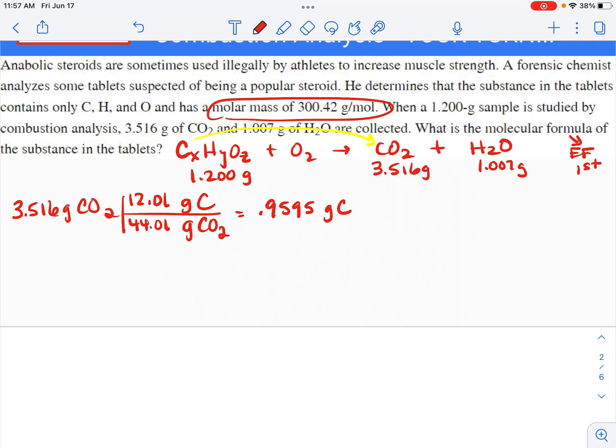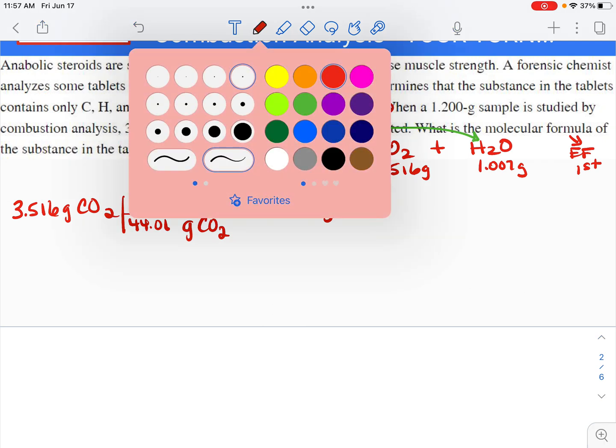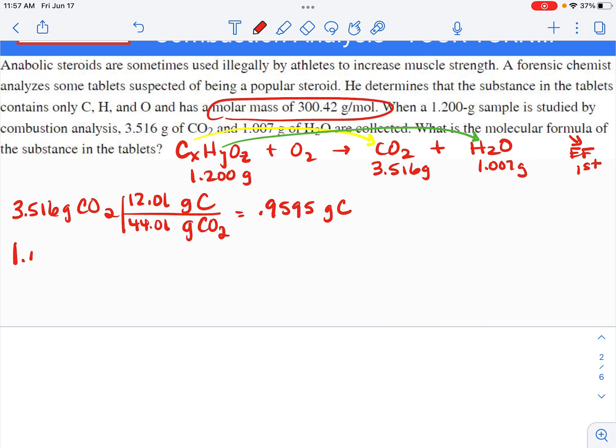From the water that was produced, remember that all of the hydrogen in the compound ended up in the water. So from the water that was produced, we have 1.007 grams of water. And we're looking for elemental hydrogen here, not the atoms of hydrogen, not hydrogen gas. So this will be grams of H2O to grams of H. Remember, there are 2, or 2.02, grams of H in every 18 grams of water, and those numbers came from the periodic table.